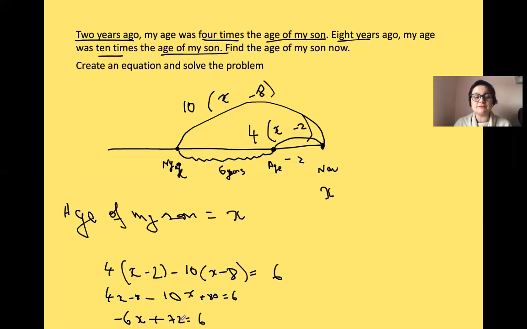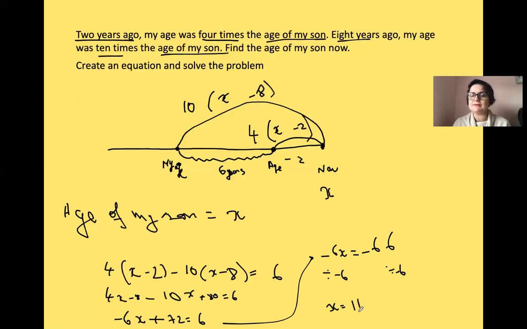So getting rid of the 72, I am going to put minus 72 on this side too, so minus 6X equals minus 66. So divide by minus 6 on both sides, because you need to get rid of the minus 6. When you divide two negative numbers, you get a positive answer.